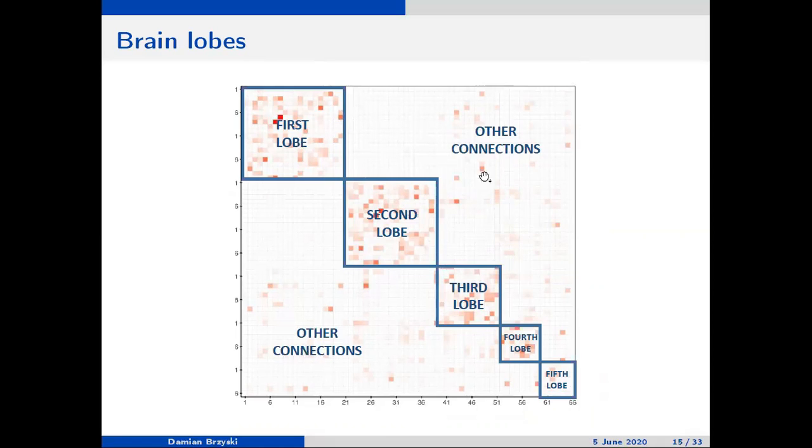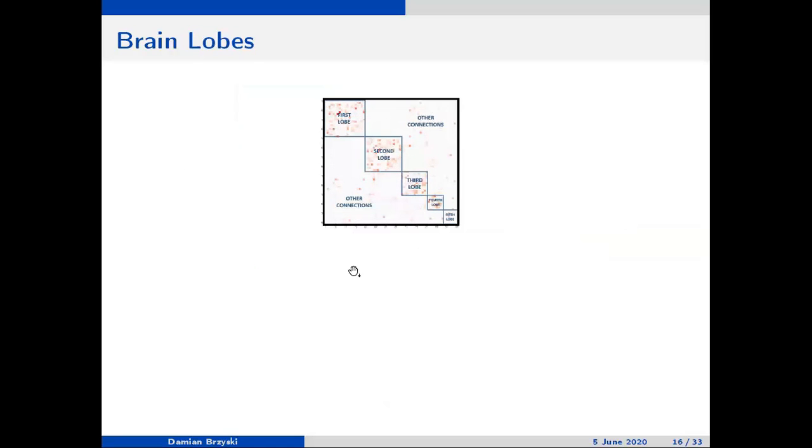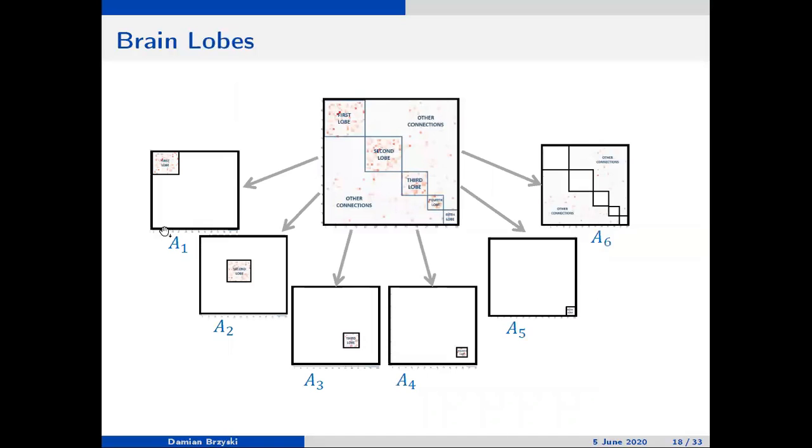Of course you can divide your matrix into 6 parts. You have the blocks, and everything else outside blocks you can think of as a sixth part, for example. So you are splitting your matrix into 6 pieces, and you can call them A sub 1 to A sub 6.